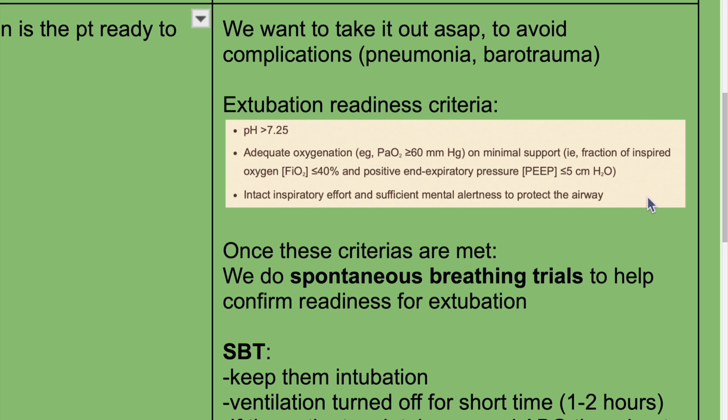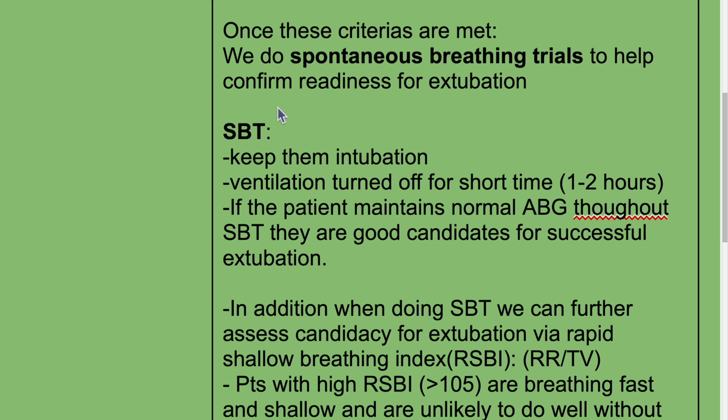FiO2 less than 40%. PEEP less than or equal to 5, and intact inspiratory effort and sufficient mental alertness. Got it. Once these criteria are met, we do a spontaneous breathing trial to help confirm readiness for extubation.